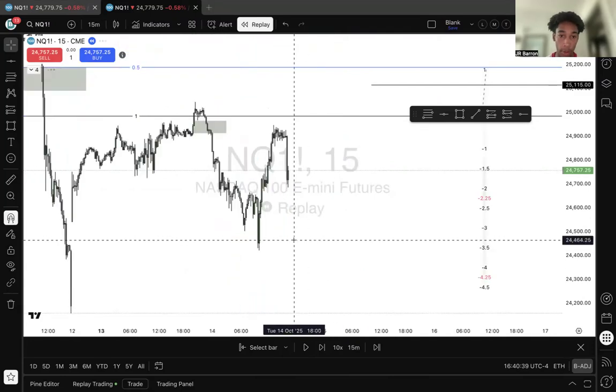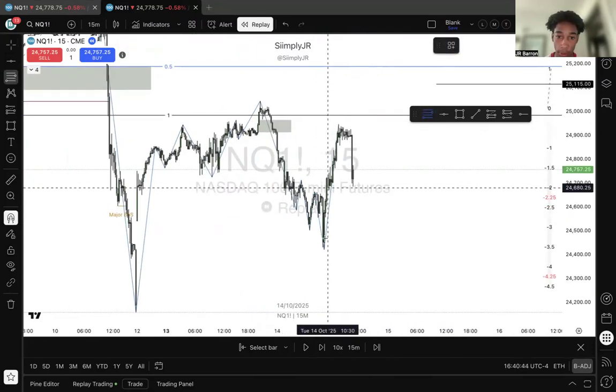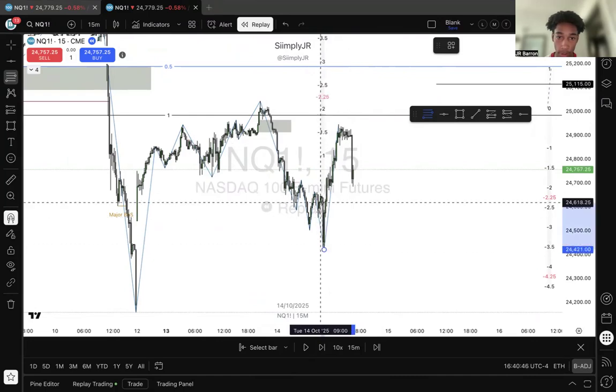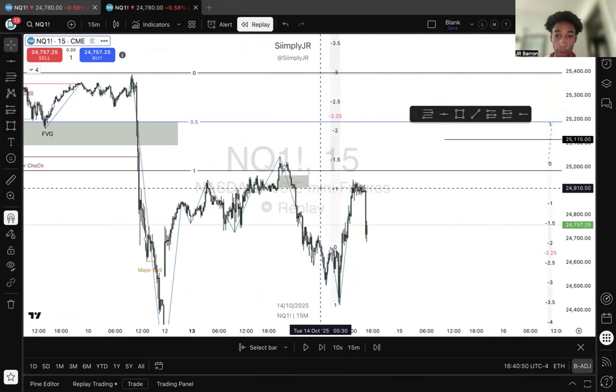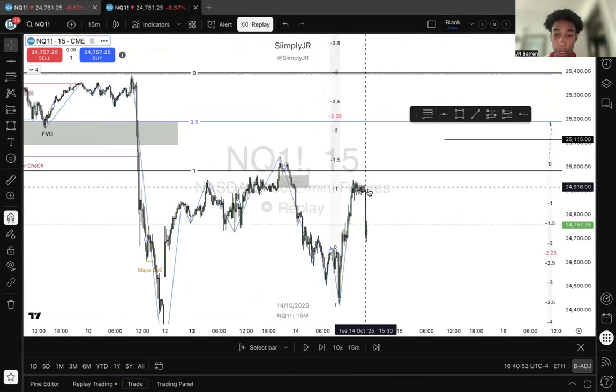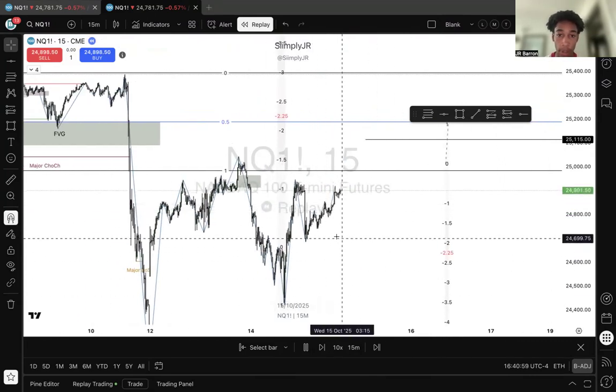So if we look here, right, this is our clear manipulative leg lower. We take this, we come up here, okay? Guess what? -1, a reaccumulation slash rebalance stage. We come down, we rebalance, and we end up heading back higher, right?